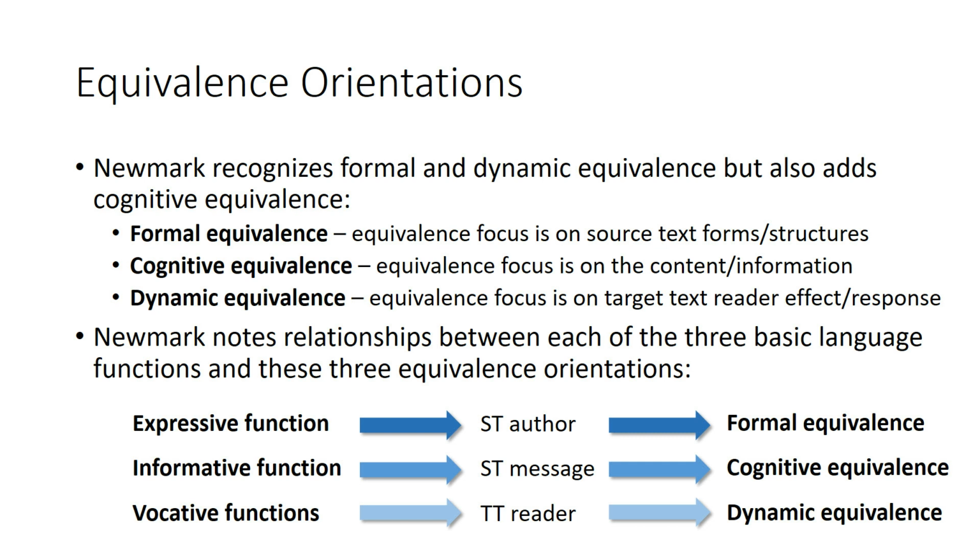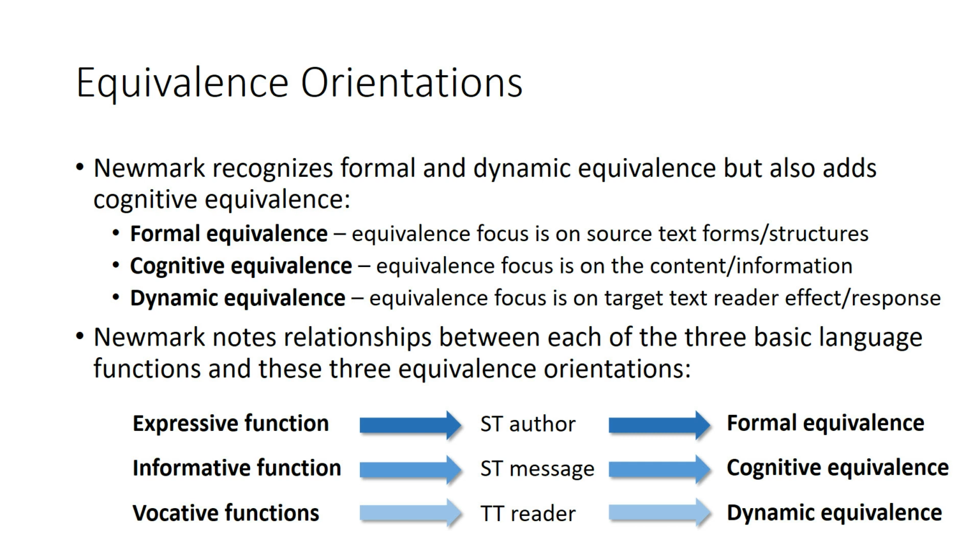And again, dynamic equivalence, the equivalence focuses on the target text reader and that they have the same response, they experience the text the same way that source text readers would have. Newmark notes that there are relationships between each of the three basic language functions that we described a few minutes ago and these three equivalence orientations.